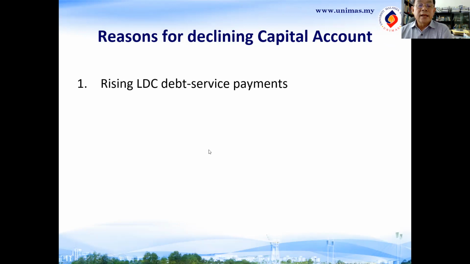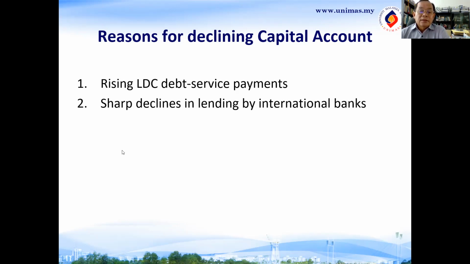the reason for the decline, one is the rising LDC debt service payments. In other words, payment that the less developed countries have to pay back to the negara ataupun bank yang telah meminjamkan uang tadi lah. Right. And then also secondly, most international banks decided to pull back a bit, yeah, there was a sharp decline in the lending by international banks.